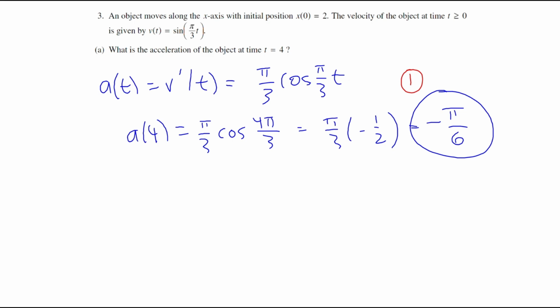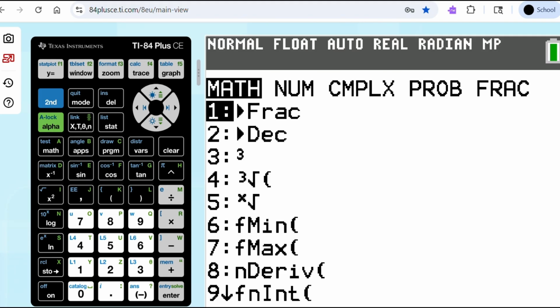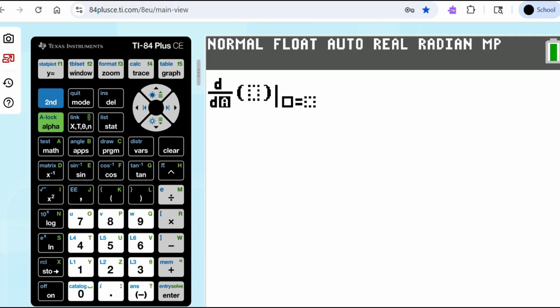If you prefer to, you can just use your calculator there. Go to your calculator, hit math, option number 8, and you're going to say d dx of your function, which was the sine of pi over 3 times t, or we'll do pi over 3 times x. I like to do alpha x to get a nice fraction, so we have pi over 3 times x.